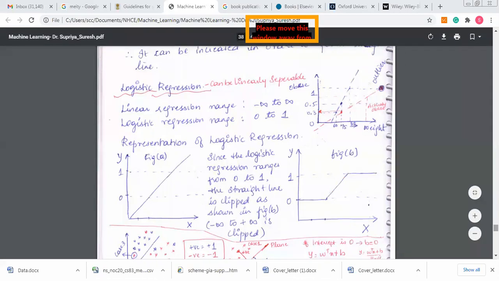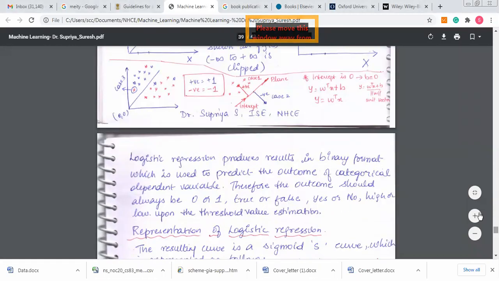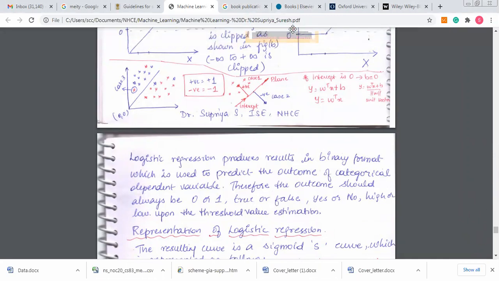So now let's recall the differences between the linear and logistic regression. Or let's finish this logistic regression and go ahead further. Logistic regression produces the results in a binary format, which is used to predict the outcome of the categorical dependent variable.